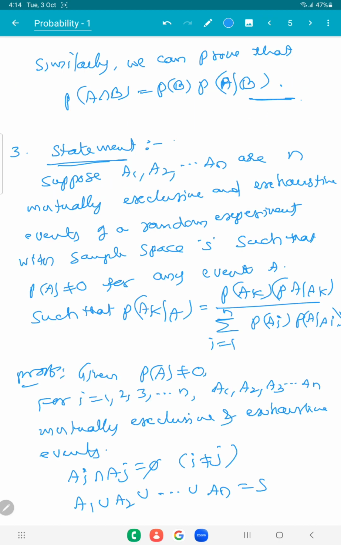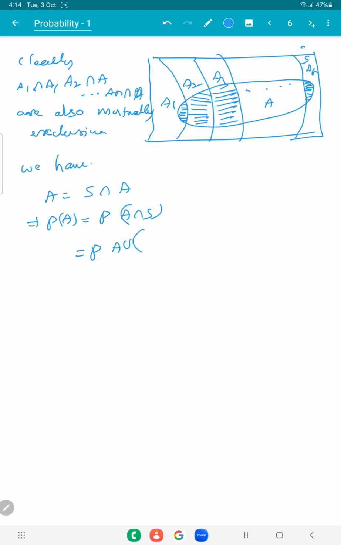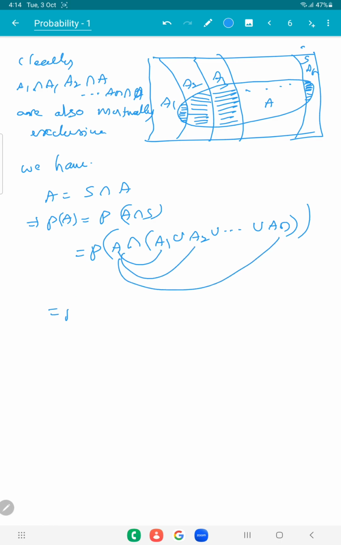From this, S is equal to the union of all these: A1 union A2 union and so on union An. So this can be distributed to all these terms: A intersection A1 union A intersection A2 union A intersection A3 union and so on union A intersection An.